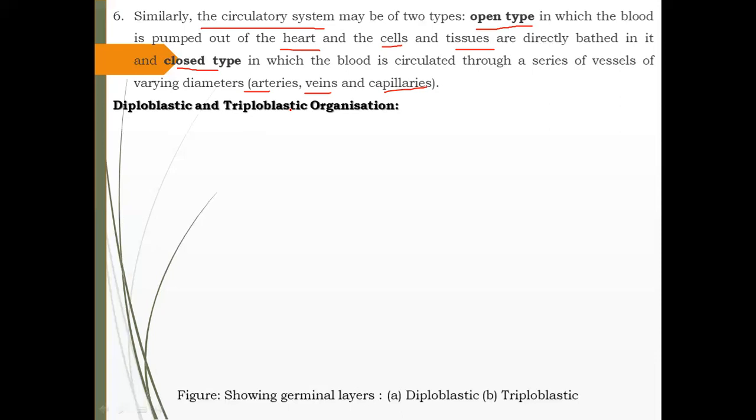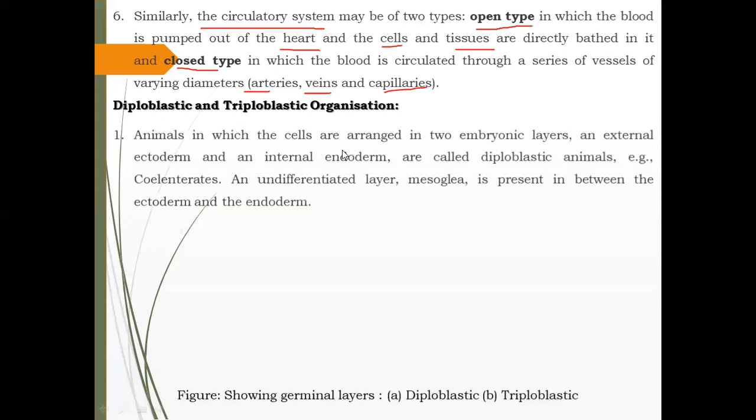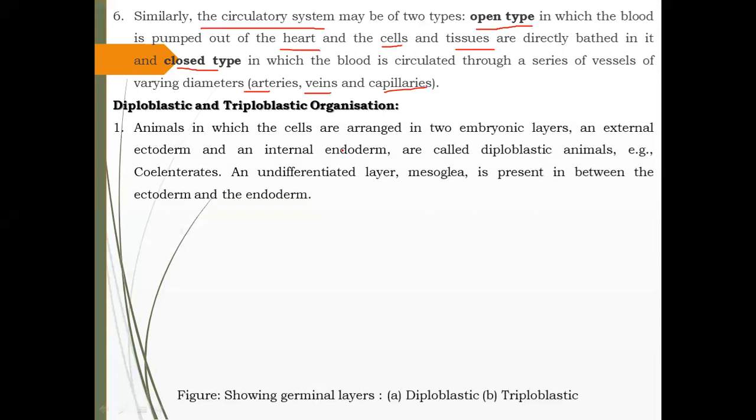The next important point is diploblastic and triploblastic organization. These are very important points for your study purpose. To study the external features of kingdom Animalia, you need to study what diploblastic and triploblastic mean.